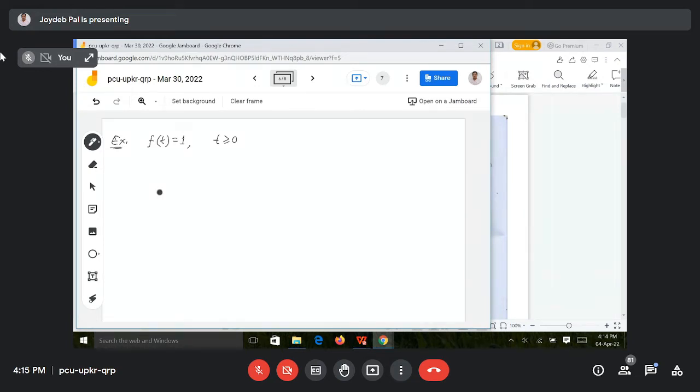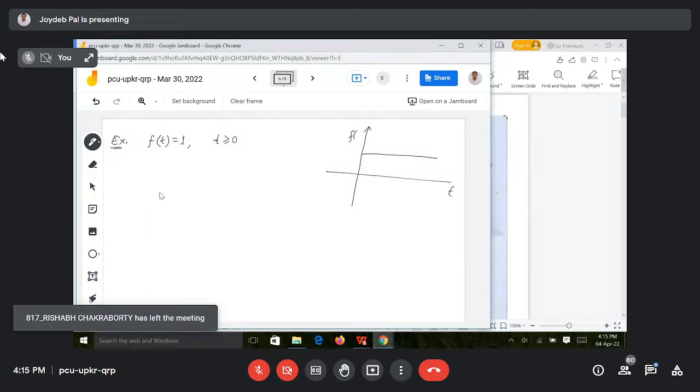It is parallel to the x axis, is it not? This type of graph. That is t, f(t). It is f(t) equals 1, t greater than or equal to 0.